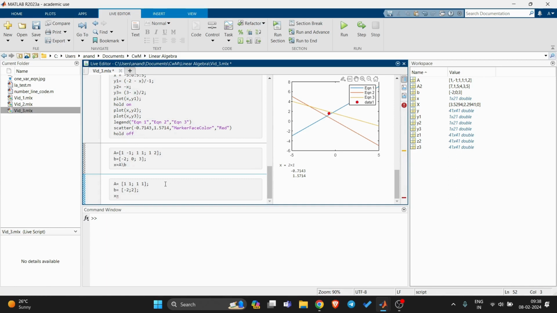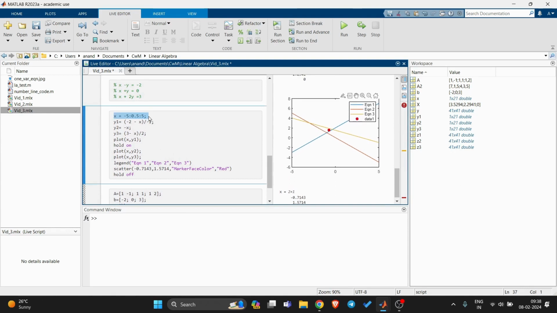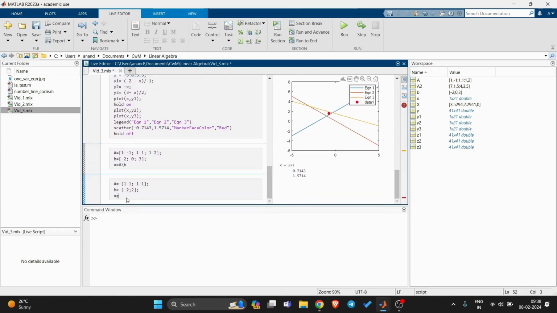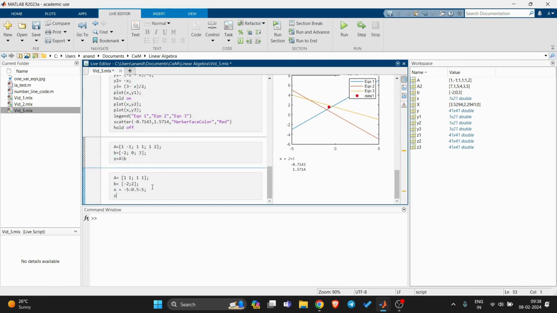So let's see. First let me define the x vector. Now let me find the corresponding values for y.